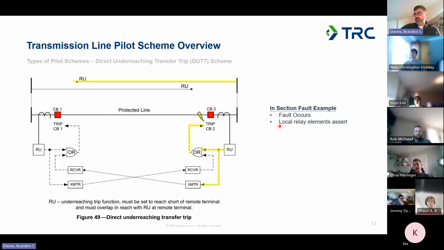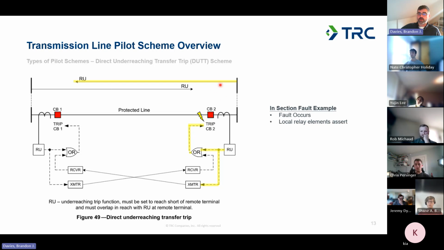And as we have on other examples, the first thing we do is see what elements operate for this fault. In this case, the fault is past the reach of the underreaching element at the relay associated with circuit breaker 1, and is within the underreaching element of circuit breaker 2.